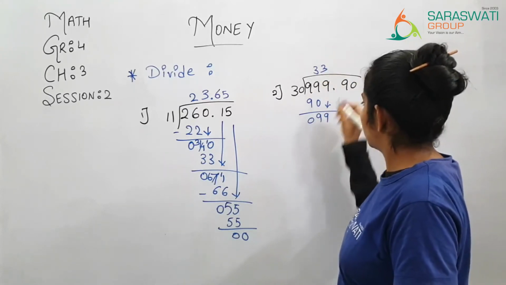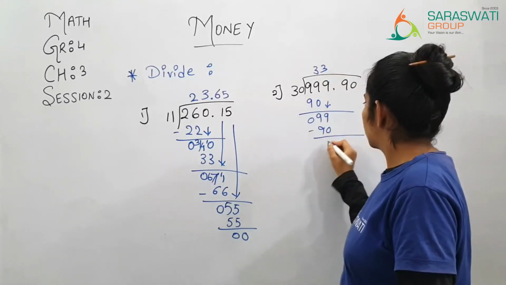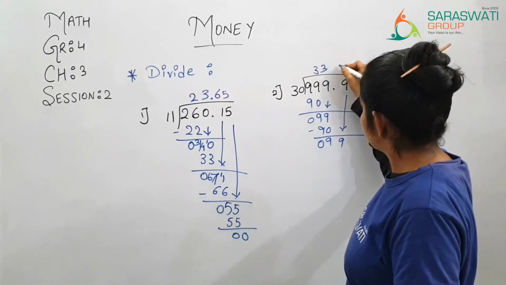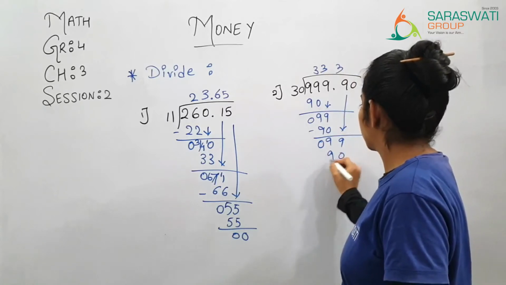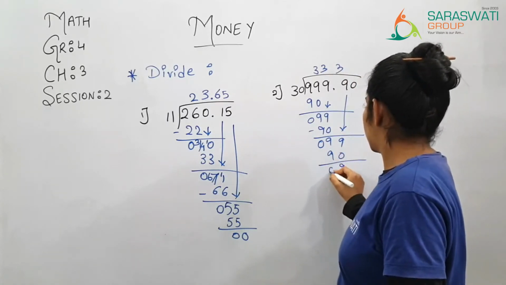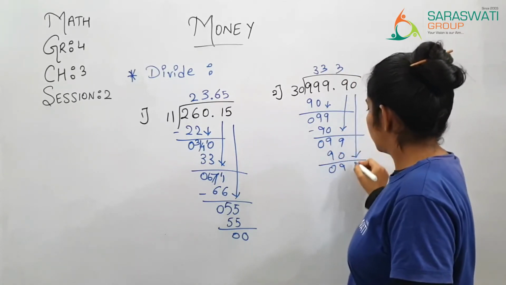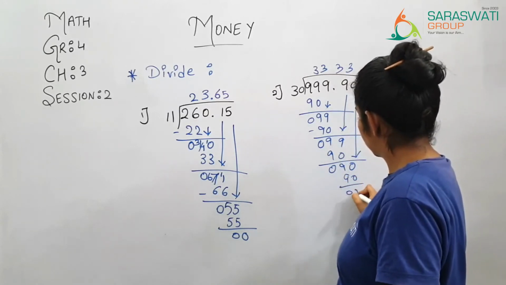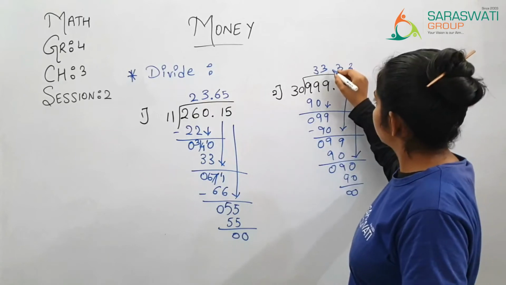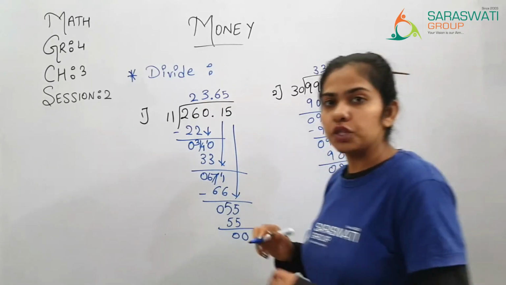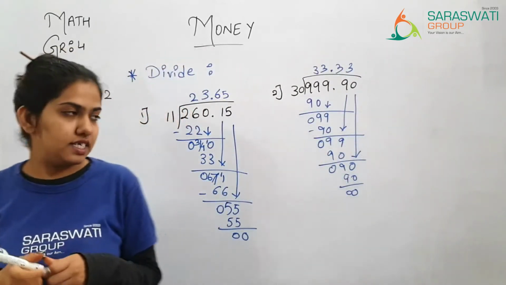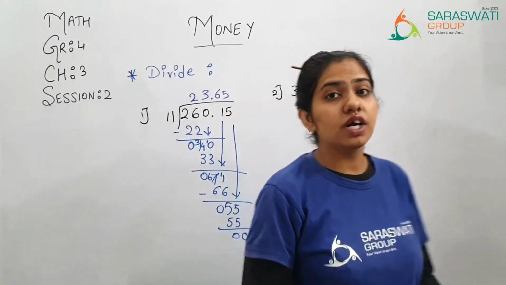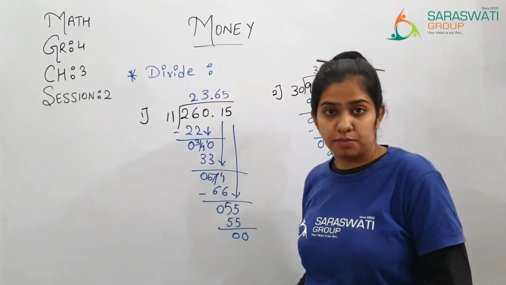So 30 threes are 90, 9 and 0. Now again 9. 30 threes are 90, 9 and 0. And now 0. So 30 threes are 90. And now point. So 33.33 is our answer. So in this way you are supposed to solve the sums.